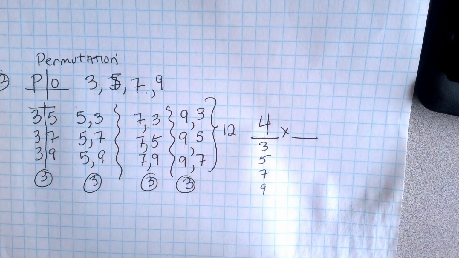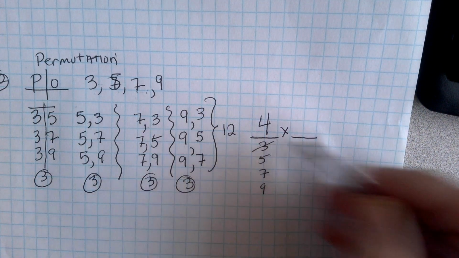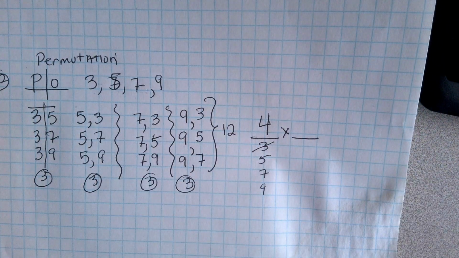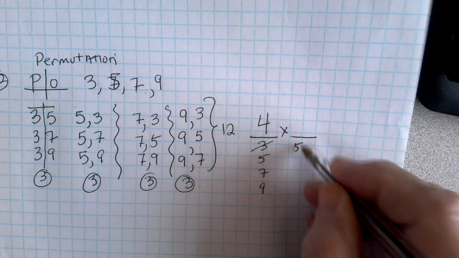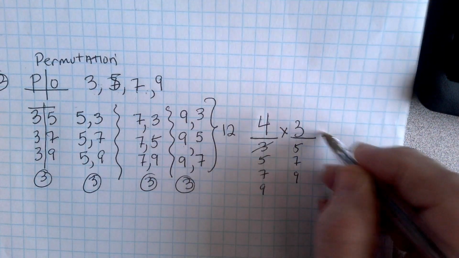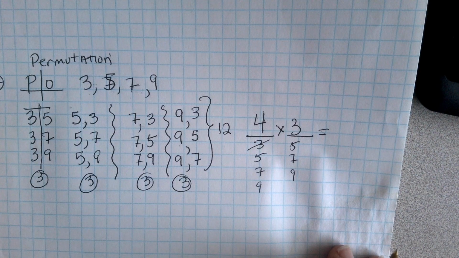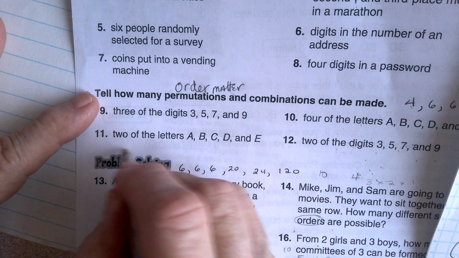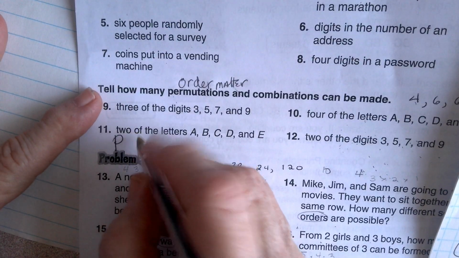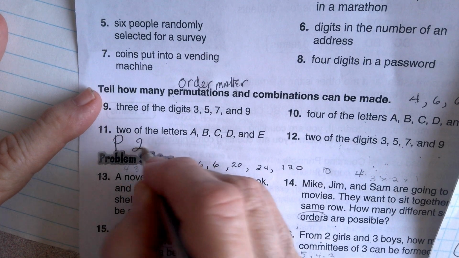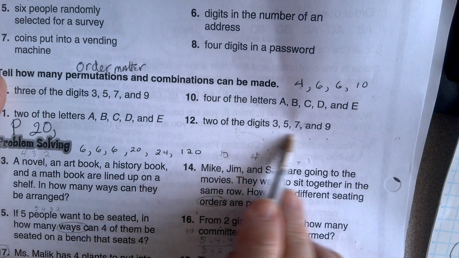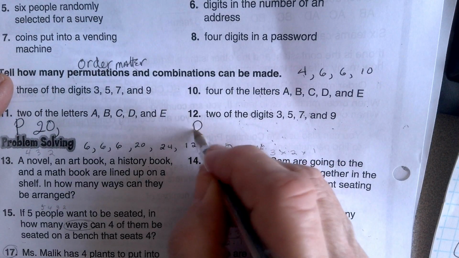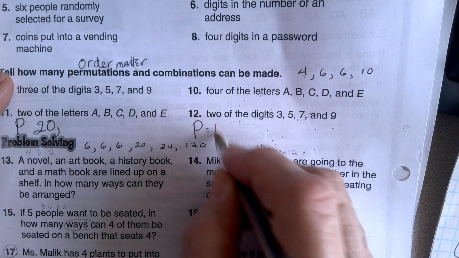And if 3 is the pitcher, how many are left to be outfielder? 3. 5, 7, and 9. 3. And so 4 times 3 is what? And so we get 12. Okay. So those are the answers for the permutations. For the permutation, where the order matters, the first one was 20. And the second one, where the order mattered, the permutation was 12.